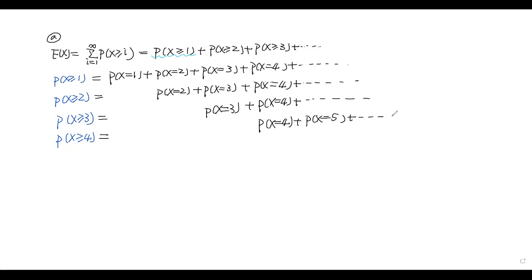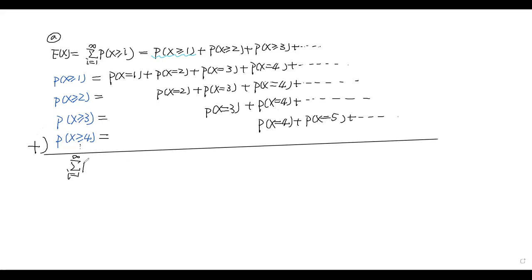Now I'm going to add all of this together. If you add this together, that gives me the summation from i equals 1 to infinity of the probability x greater than or equal to i.